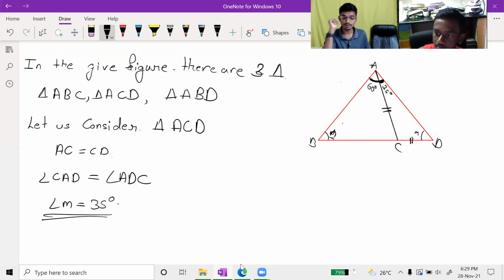Now, tell me which triangle we will consider now. Both the triangles means one big triangle, na? So which is the bigger triangle?